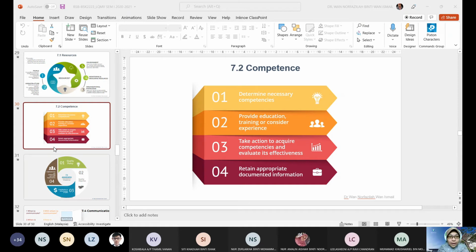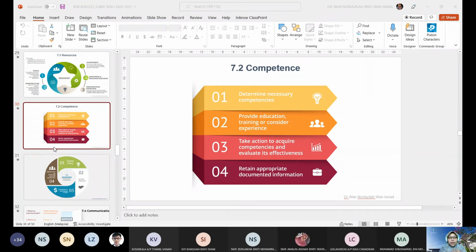Okay, for 0.1, determine necessary competencies. You can have, for example, when you do discussion or meeting with your management, okay, to determine the necessary competencies, minute of meeting is one of the proof.